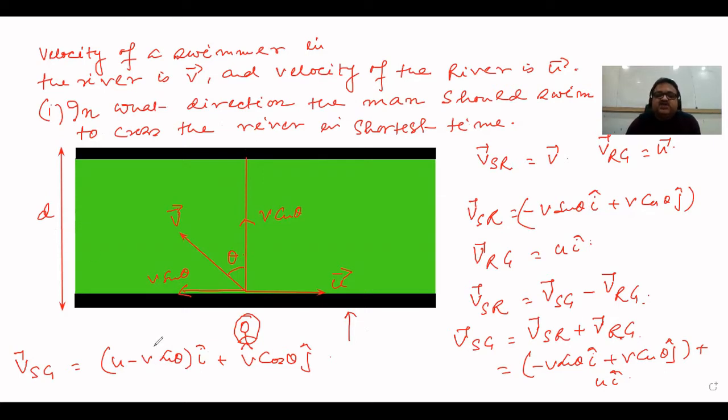Okay. So what is the speed along this direction, the y-axis? It is V cos theta. So the time taken to cross the river is T equal to distance by speed.